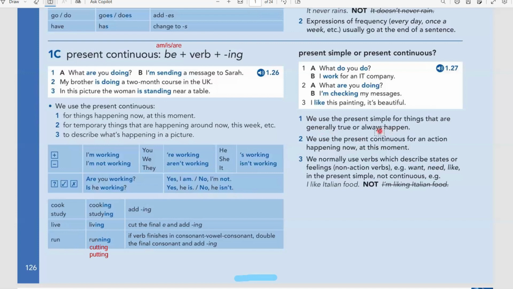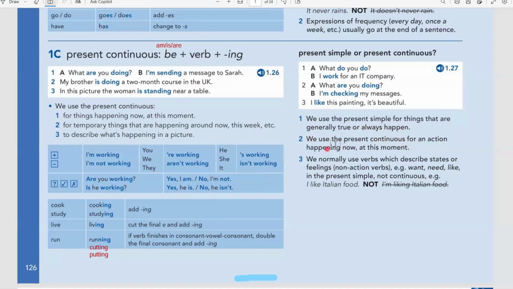Or I live in Istanbul, I live in England, I live in Moscow. He is a teacher, for example. I am a doctor. So it is generally true or always true. Or like, I am English, or he is Japanese. You cannot change this. This is always true. So when you talk about always true things, you have to say present simple.